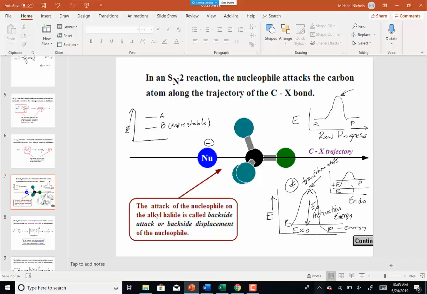So we need to know those terms on our reaction coordinate diagram, on our energy diagram. We need to know what those terms mean. The activation energy is important because if I don't have that level of activation energy, I'm not going to make it over the mountain.